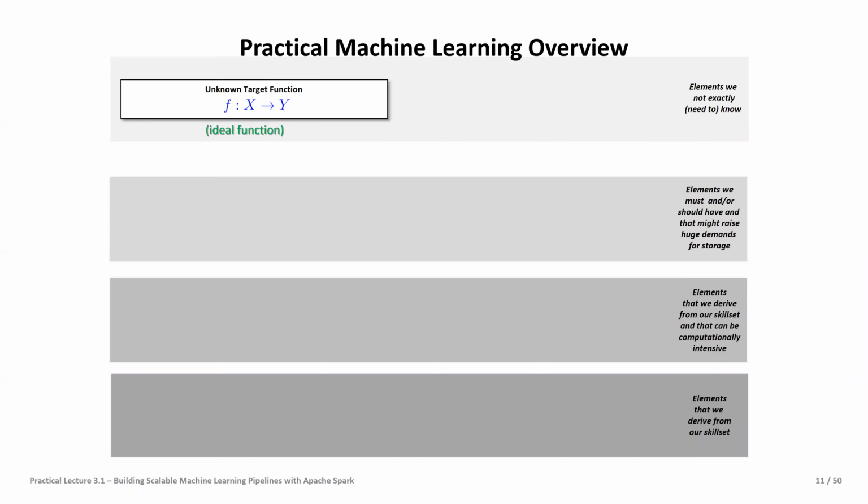And here on the right-hand side, you have the different categories that we will fill during the course of the 2 lectures. Here are the elements we really need to have, things with demands for storage. So here will probably be data. Here will be compute. So what is really computing intensive? That is also things we need from our skill set, obviously, all the machine learning algorithms. And then another element about hypothesis sets and so forth, because we have huge elements to choose from.